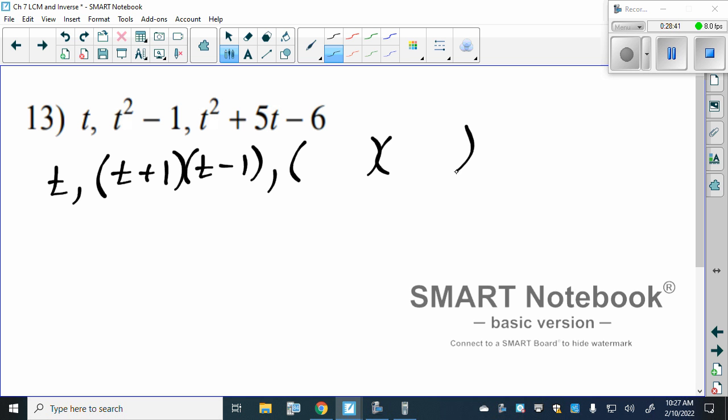Now we do need to factor t squared plus 5t minus 6. Well, the negative 6 means the signs are going to be opposite. And the factors of t squared are going to be just t and t. Now we do need to find the factors of 6 that would subtract from each other to give us 5. 6 and 1, and the 6 would be positive, and the 1 would be negative.